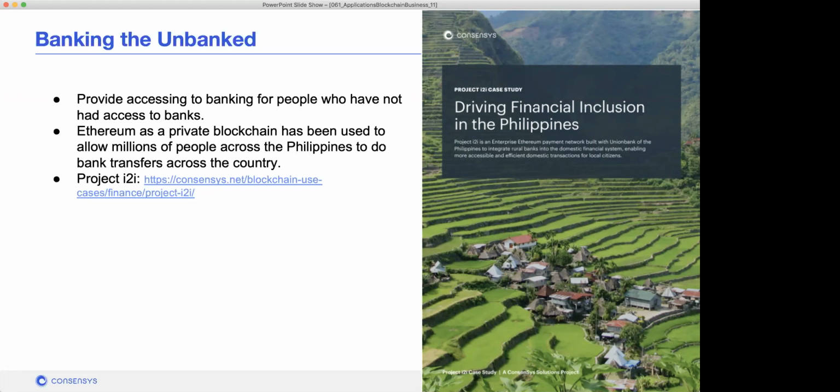They've enabled, I think, 60 million people in the Philippines who previously didn't have normal banking services to do normal banking. And so this is massive for the Philippines because a lot of their economy is built on remittances, people sending money home. So if you were working in Manila, but you come from some village somewhere, this would give you the opportunity to send money home.